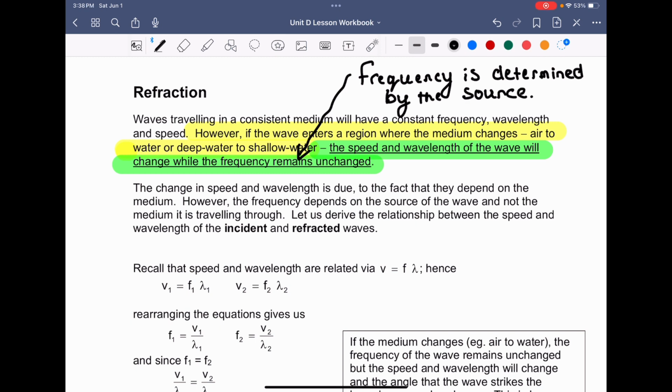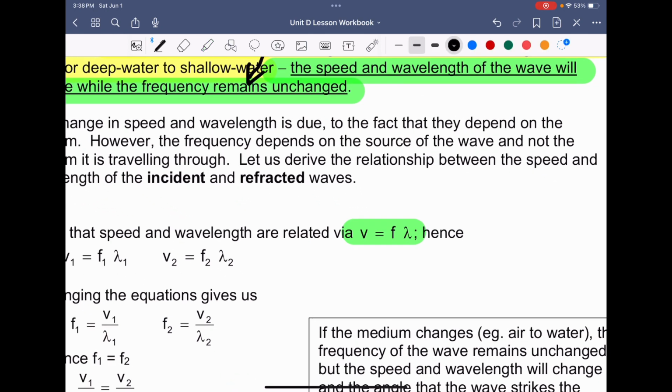So when we look at this change in medium, or this change from one region to the next, medium or region, you can use those interchangeably, we're going to bring back the equation that we established in lesson 26, which is the universal wave equation. I'm just going to make sure we write that in here because it is pretty critical. Universal wave equation.